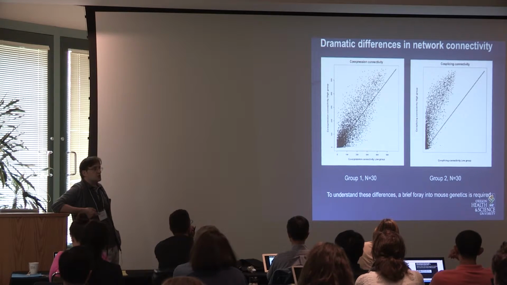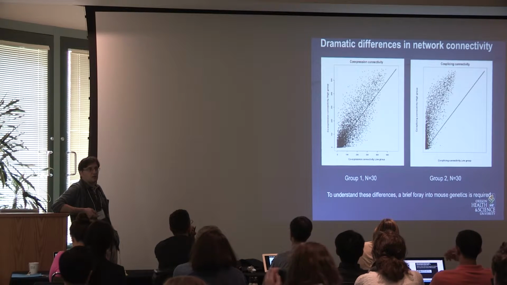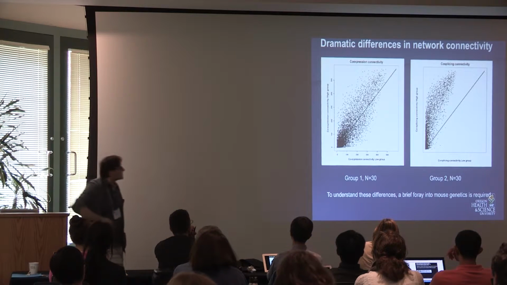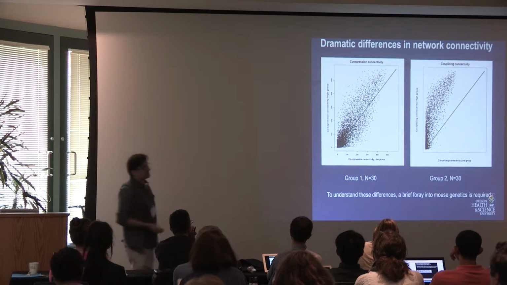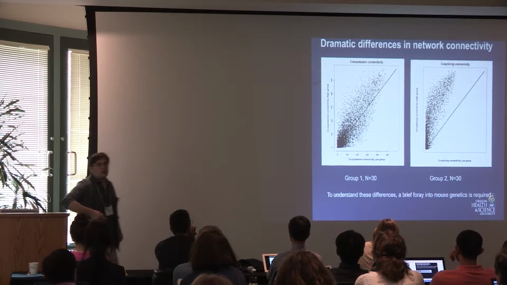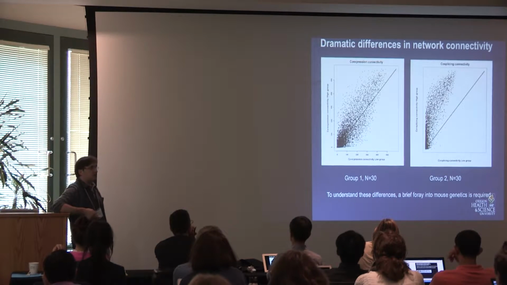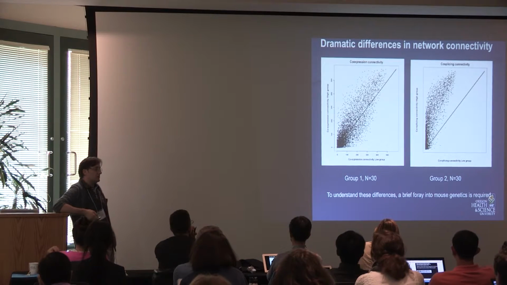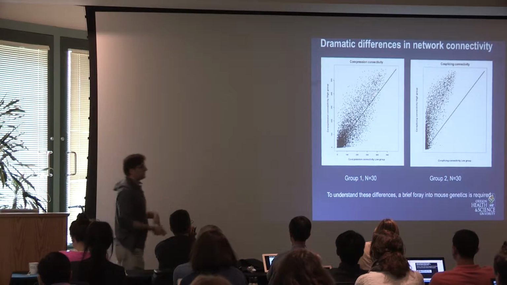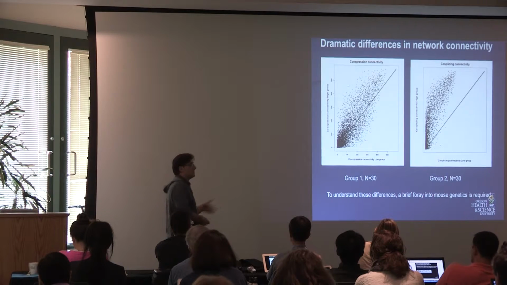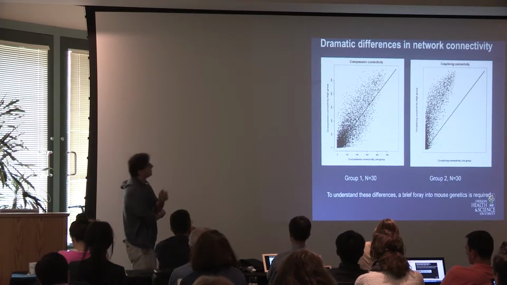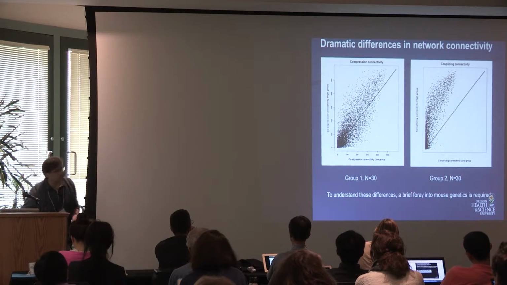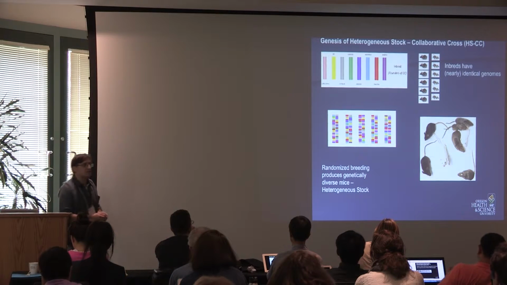I'm sure some of you have found this when comparing two networks. Remember that our variability is genetic. We don't have time series data like we saw in the previous talk. All the variability is genetic. We sacrifice the animals at the same time, so there's no confound there. To understand this, we'll have to take a brief foray into mouse genetics.